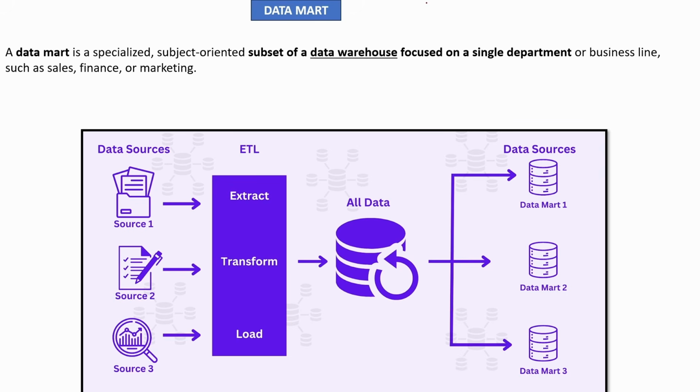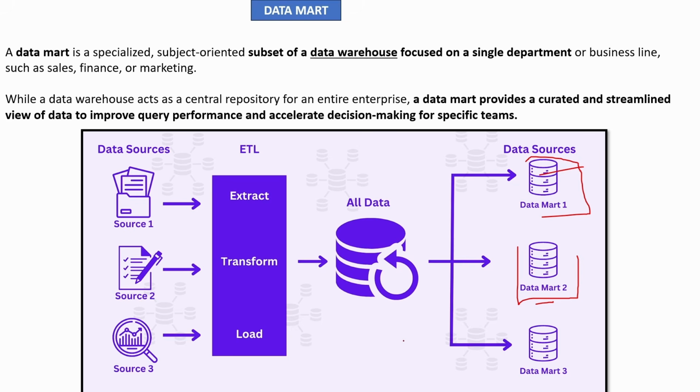If you see this image, this is our data warehouse, and after our data warehouse we have these three data marts. In data mart 1 we will have specific data, let's say for sales, in this we will have data only for finance, and in this we will have only data for specific marketing purposes. So these are nothing, just subsets of our data warehouse.